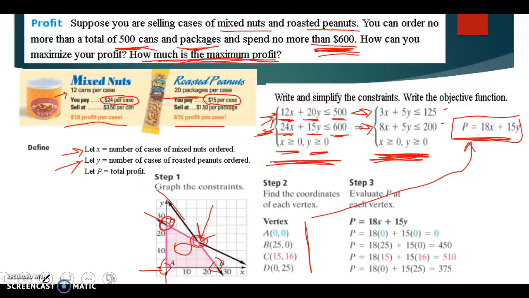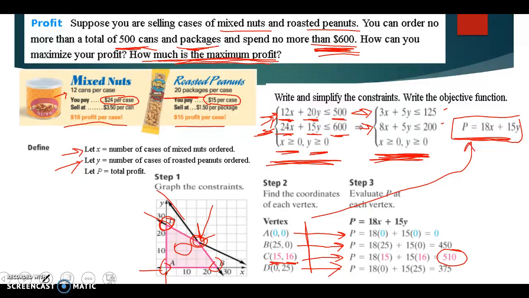Our objective function is $18 for each X and $15 for each Y. If I plug each of those points in for X and Y and evaluate the profit, we can see that my maximum profit is going to be $510. And it would be $510 if I ordered 15 cases of the mixed nuts and 16 cases of the roasted peanuts.